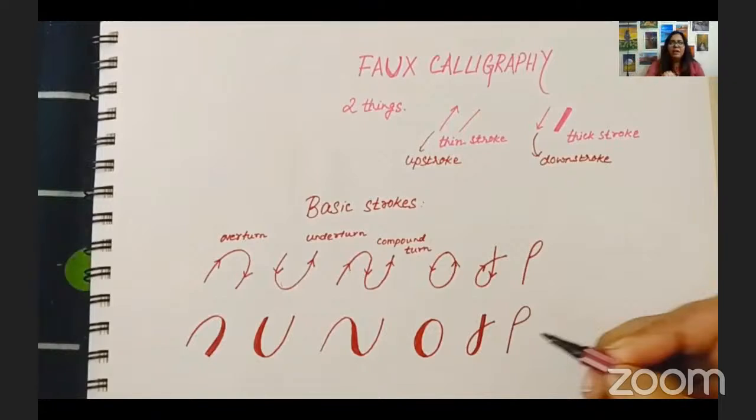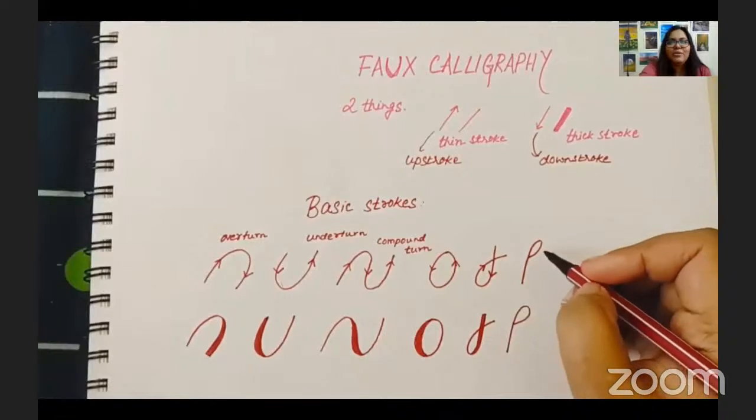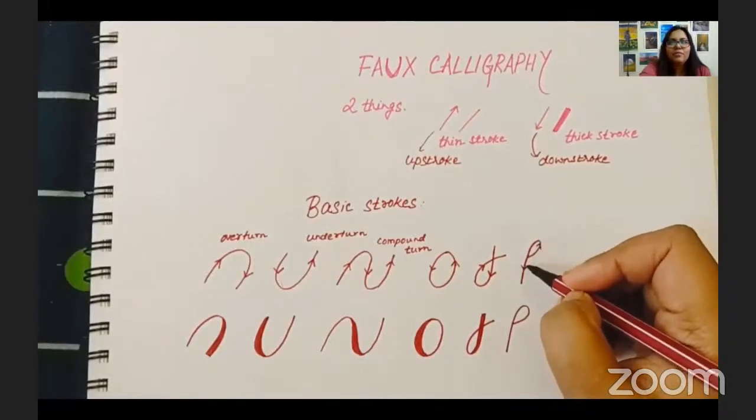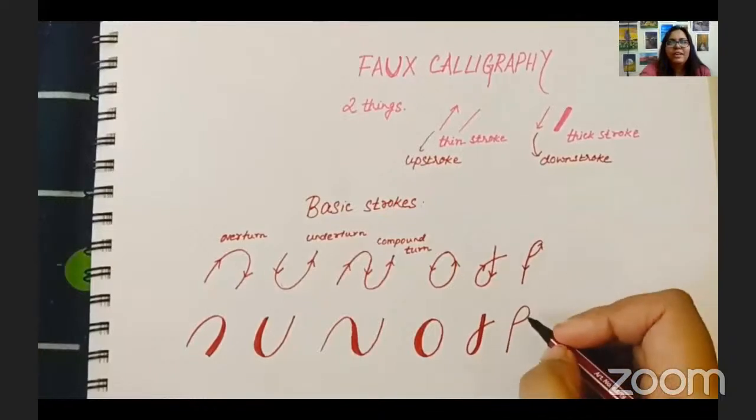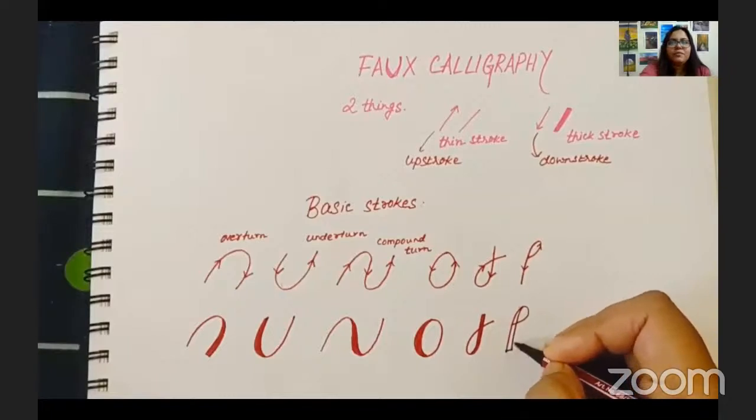Just make a guess. Which portion will we be darkening? Yes. Very good. You people are so intelligent. Very nice. So first my hand has moved upwards and then it has moved downwards. Okay, so we will be coloring this portion. Very nice.